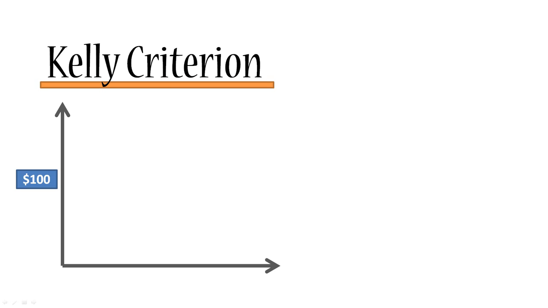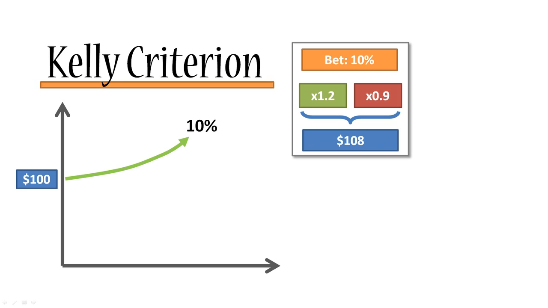So we're starting off with $100, and the first scenario we're going to plot is our 10% scenario. So every time we're going to bet 10% of our balance, and after every pair of heads and tails, we're going to increase our balance slightly. So it'll be $100, then $108, it'll be more and more and more. So it will go up, which is good.